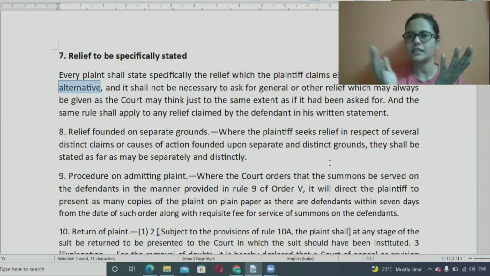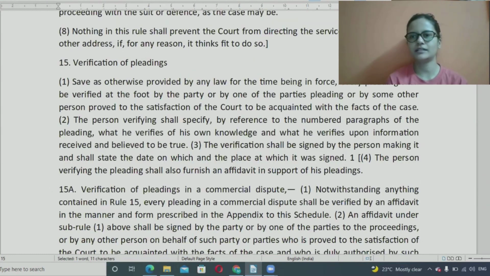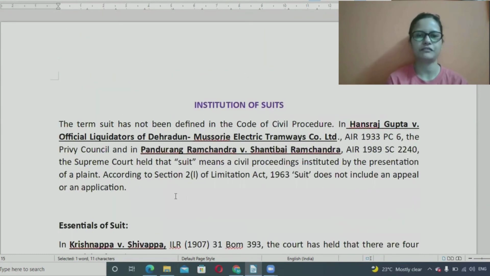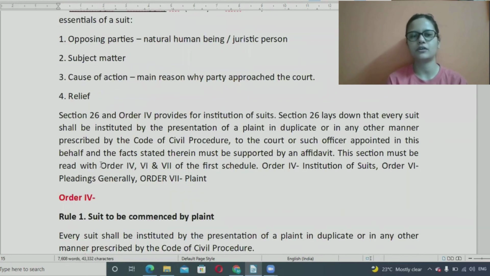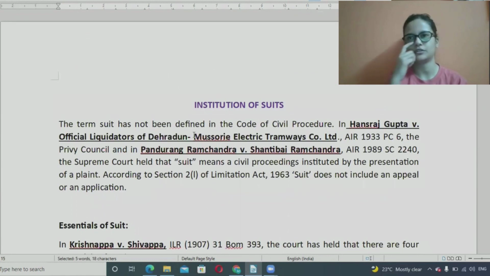So in the alternative, if it's not possible, give me this much amount of compensation. Whatever is applicable depending on the case, we would give an idea to the court that this is what I want, and that is the reason why I'm filing this case. Provide me this or this. Okay, so these are the important parts which we have from these three orders, Order 4, 6, and 7, relating to institution of suits.